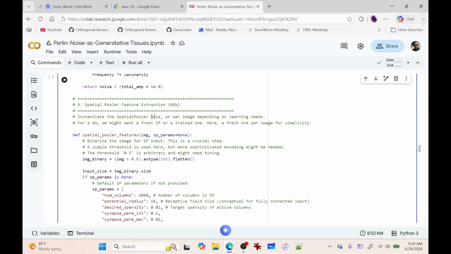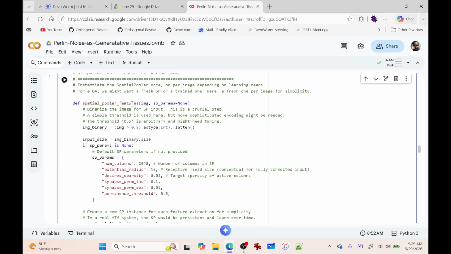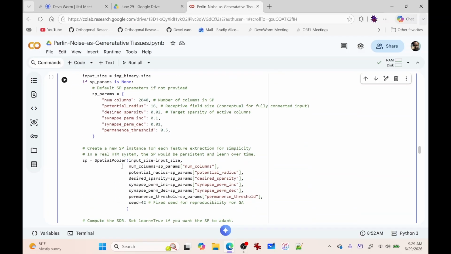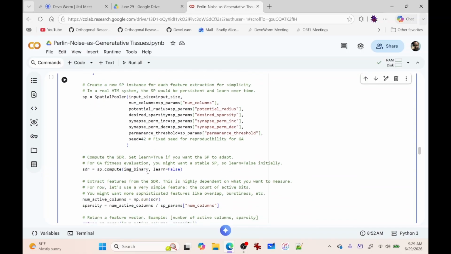Then we have our spatial pooler feature extraction, where we instantiate the spatial pooler once or per image, depending on learning needs. For our genetic algorithm, we might want a fresh spatial pooler or a trained one. So we're going to get a fresh one per image for simplicity. So we have our spatial pooler features here. Then we have our new spatial pooler instance for each extraction. This is where this is here.